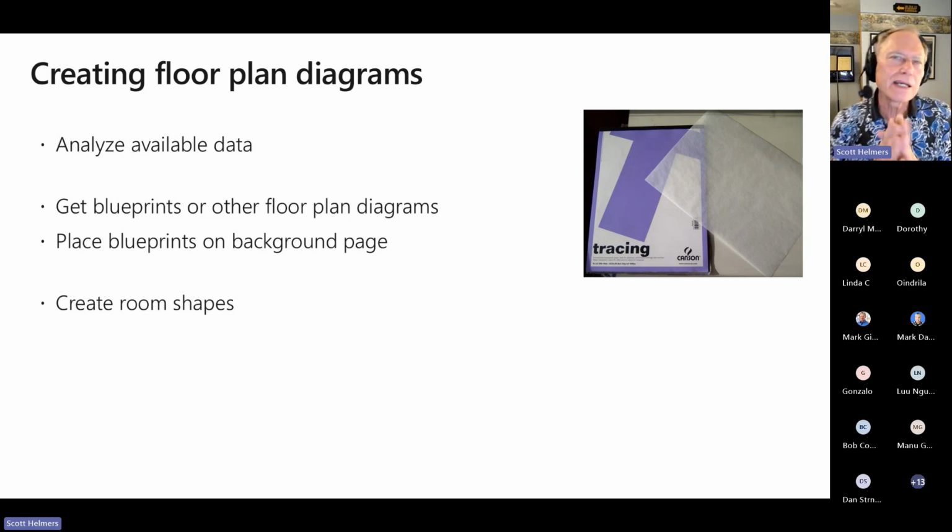So what I ended up doing was building a working set of room types based on all the floor plans that I'd collected, and created what was effectively a library, or in Visio terms, a stencil full of room shapes that I could then drag onto the page and use. Now, dragging rooms one by one was not my idea of a good time, because we're talking lots of hotels, multiple floors in many of these hotels.